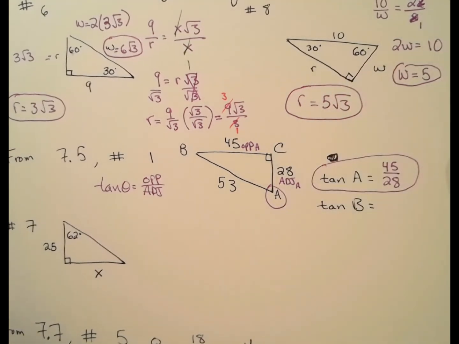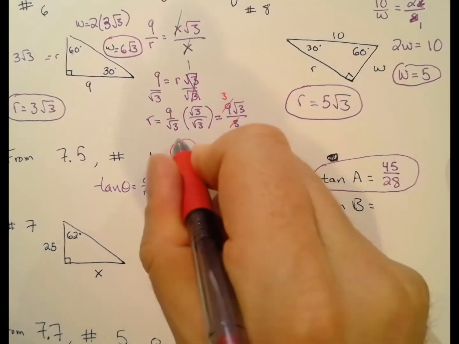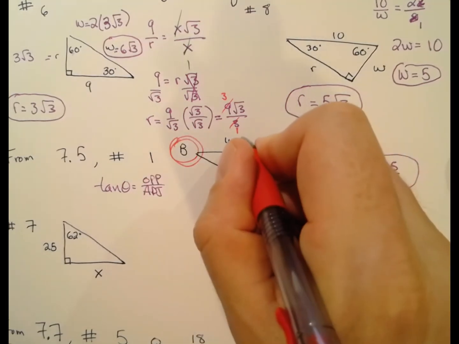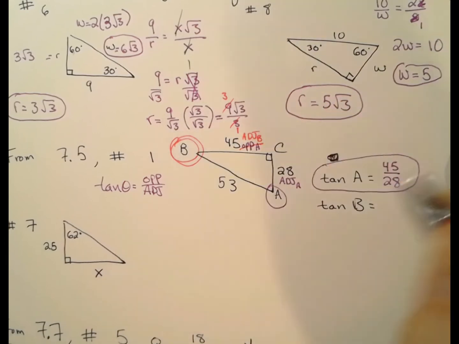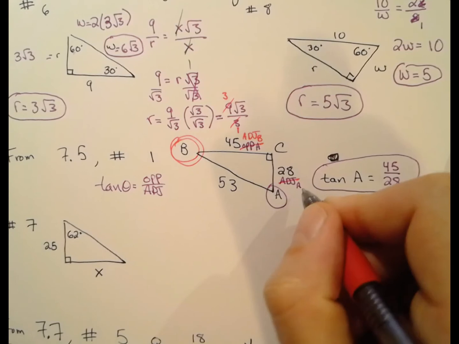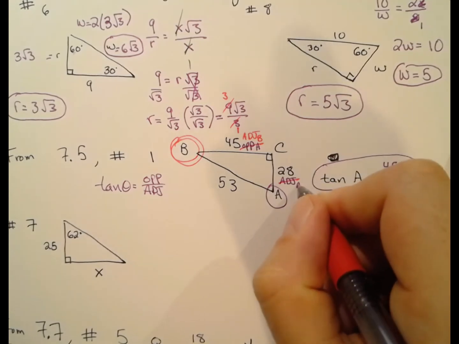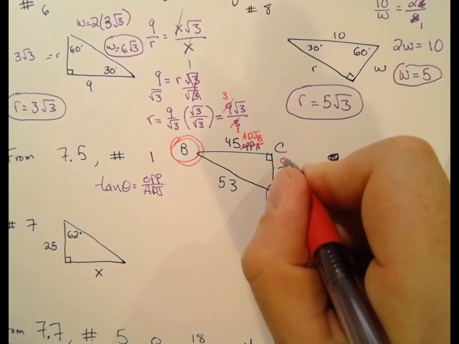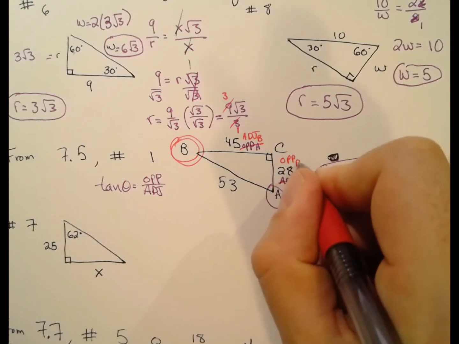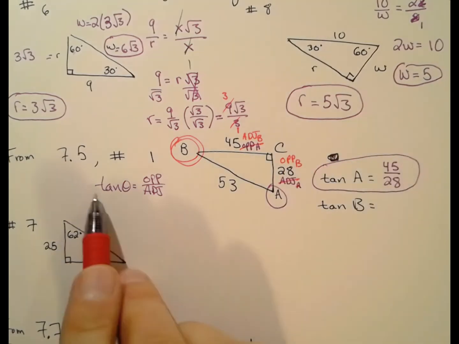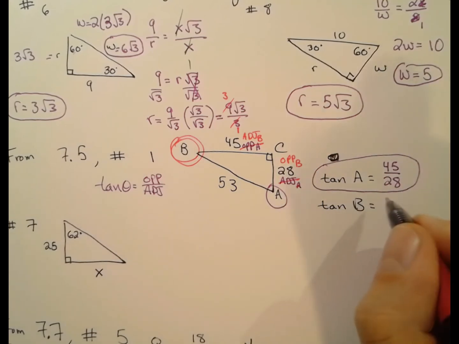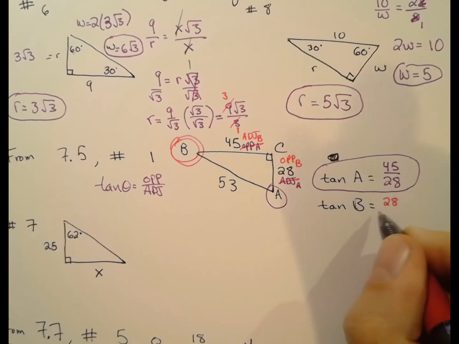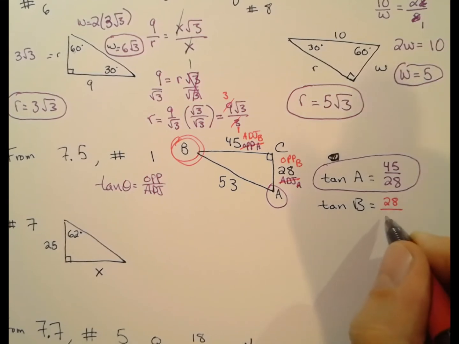And then for the tangent of B, this is now adjacent to angle B, and the side that was adjacent to A is the side that is opposite angle B. So tangent is opposite over adjacent; tangent of B is the opposite side over the adjacent side.